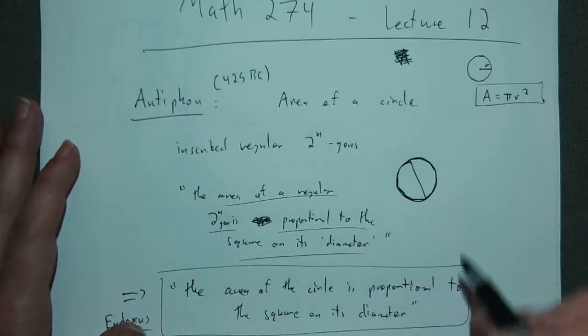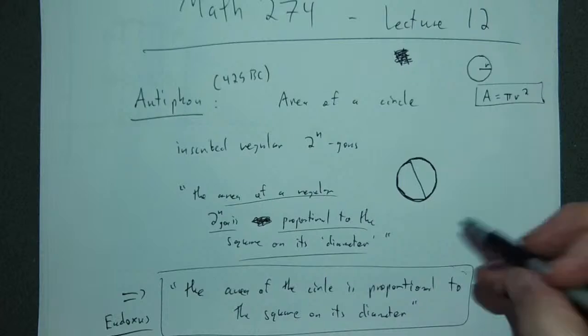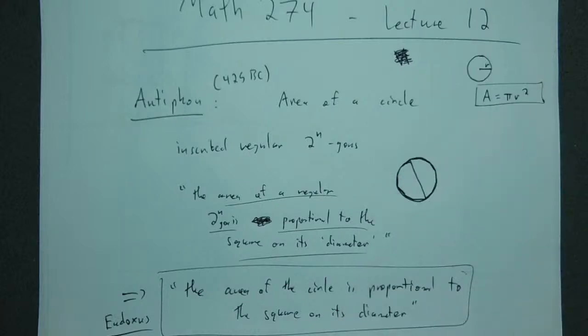So to Antiphon, the circle was a regular polygon. It just had so many sides we couldn't perceive it. The idea here was that there was some smallest side length, and once you had specified that, the circle was a regular polygon having that side length as its side, copied over and over however many times it took.